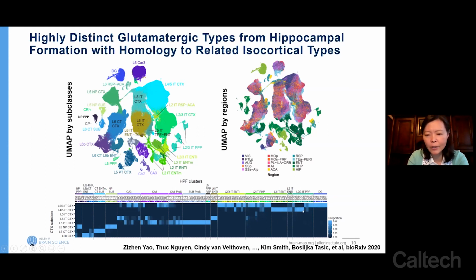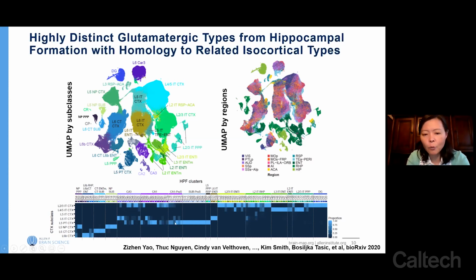We found that there's a large set of IT-like neurons in the entorhinal cortex and in the para-, post-, and presubicular areas. We also find a set of cell types that are highly homologous to the layer 6 CT, NP, and layer 6B subclasses of neurons, again in entorhinal cortex and subicular complex.